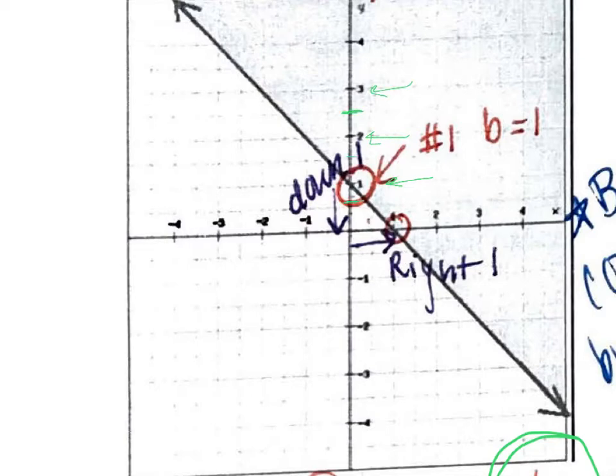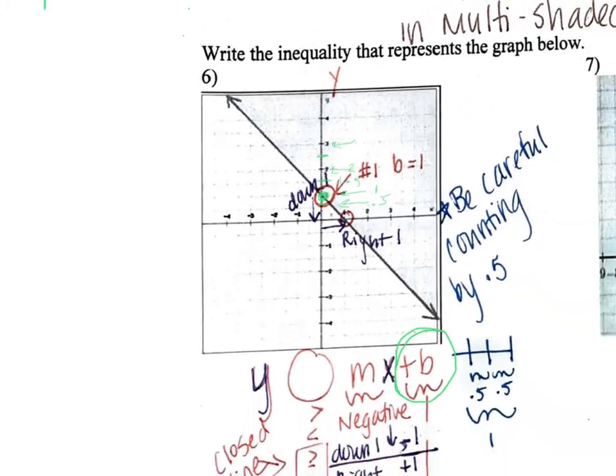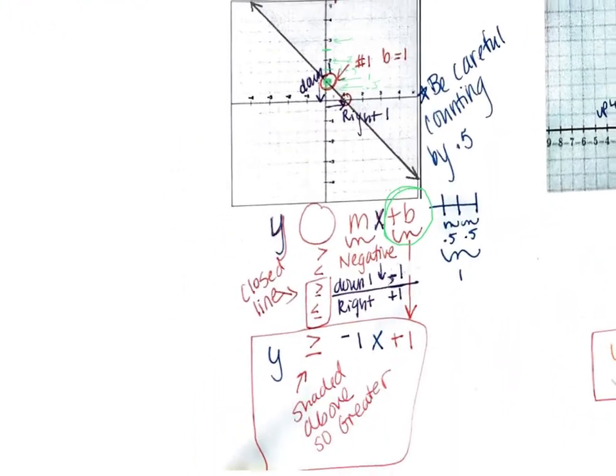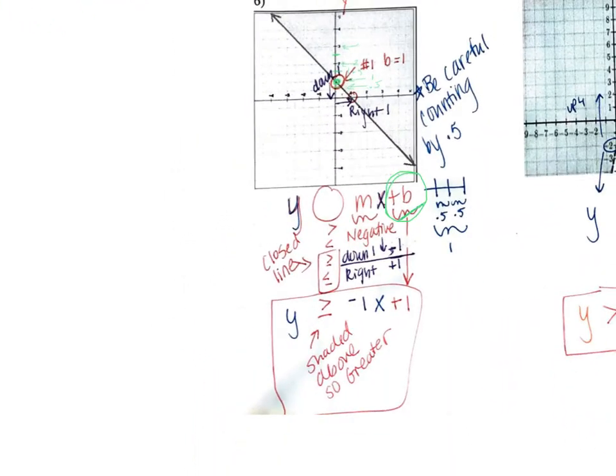That means we're counting by halves. So technically right in here that's 0.5. That's why this is then 1. So then this would be 1.5 and this is 2. So you have to be careful. So the y-intercept, where it's touching the y-axis, it says the number 1. So the b, the y-intercept, is a positive 1.